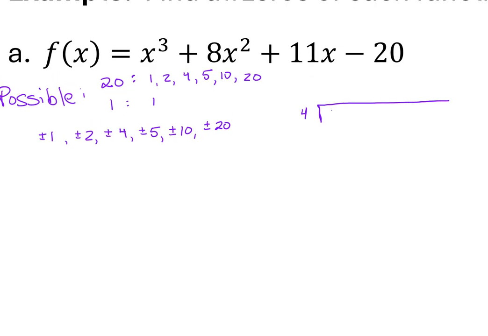When we plug in 4, we have 1, 8, 11, negative 20. All of my exponents are present: 3, 2, 1, 0. And so we're going to start doing this with synthetic division. We have 1. We multiply, we get 12.